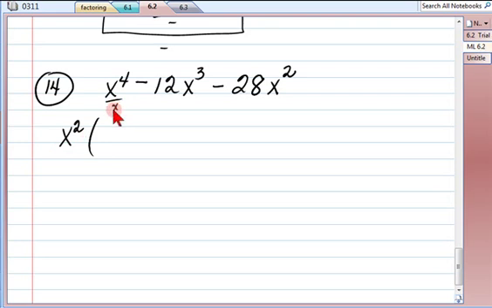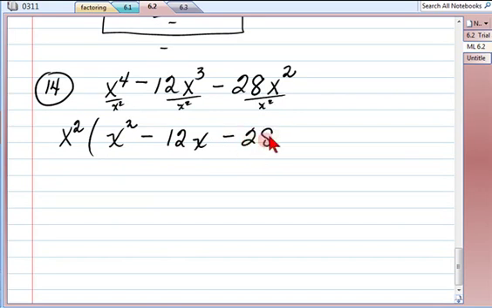If I divide x to the second out of each one of these, I'm essentially using the quotient rule, which says to subtract the exponents. So I have x to the second minus 12x minus 28. The trinomial that I'm looking at here appears to have the characteristics of trinomials that I know how to factor by trial and error.